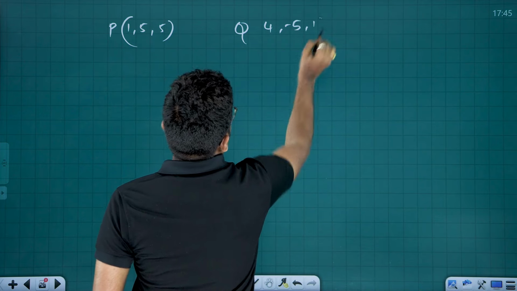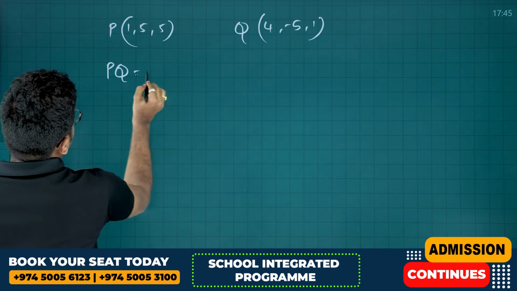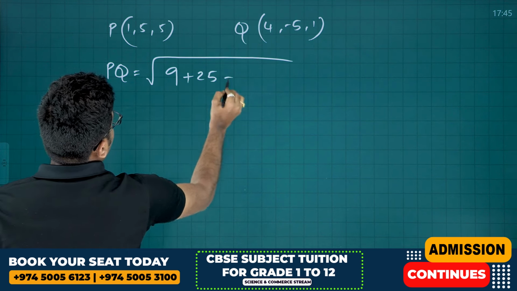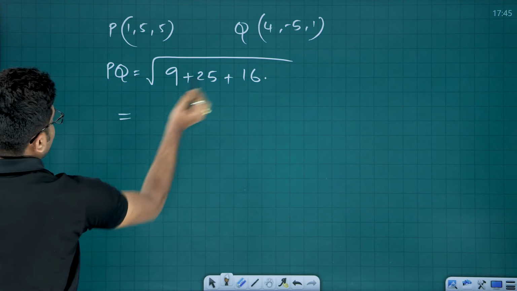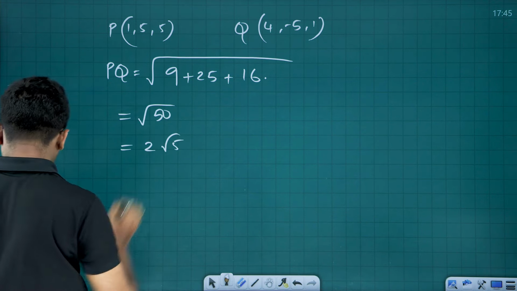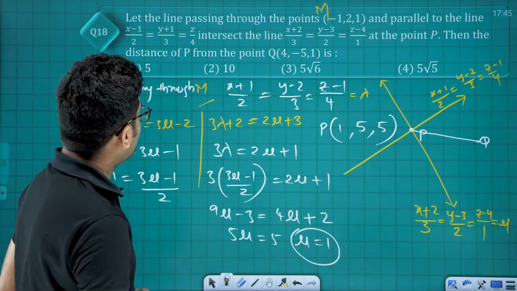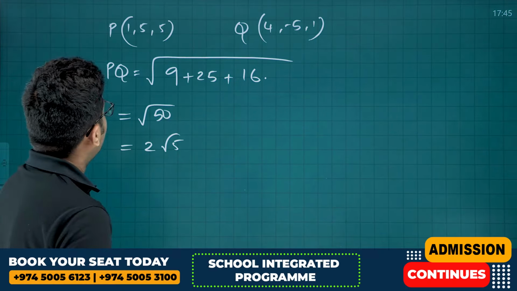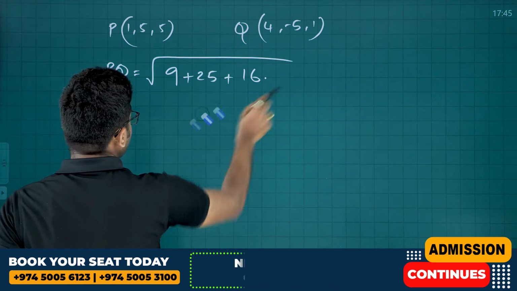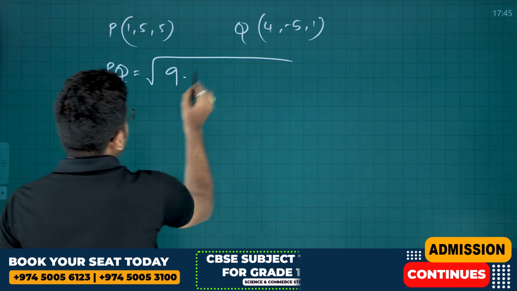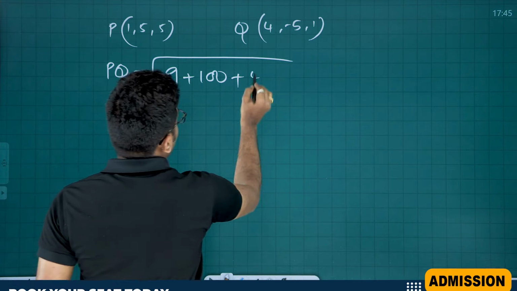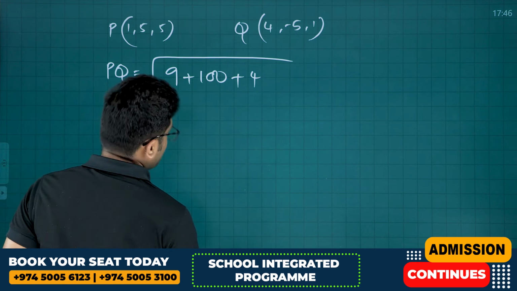So PQ is equal to the root of (4 minus 1) square, 9, plus (5 plus 5) square, which is 10 square, 100, plus (5 minus 1) square, which is 4 square, 16.